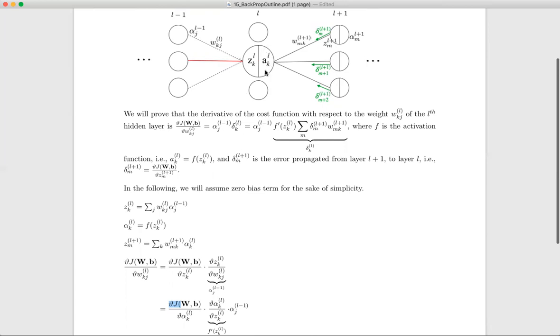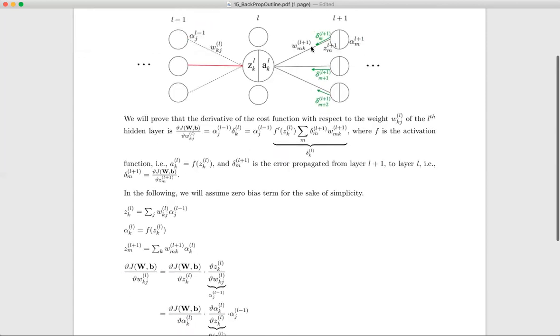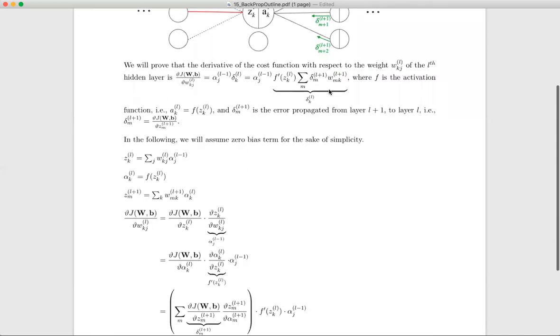The reason we do that is that alpha basically affects all of these inputs of the L+1 layer. So by performing one more chain rule, we have to consider all the inputs. Therefore, we get the sum of the cost function with respect to z. These are all our inputs over basically all the nodes of the L+1 hidden layer.